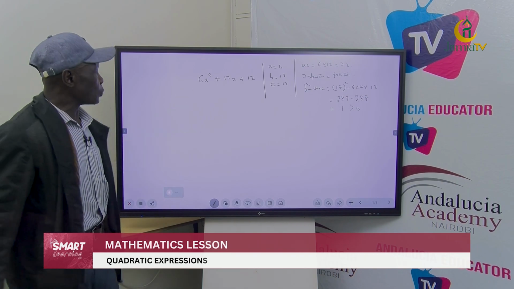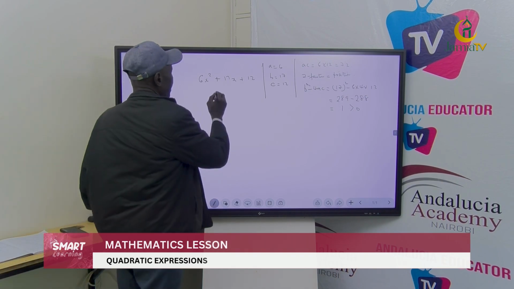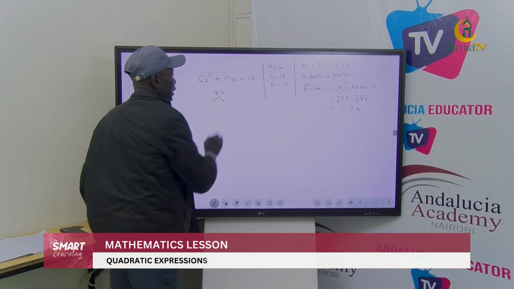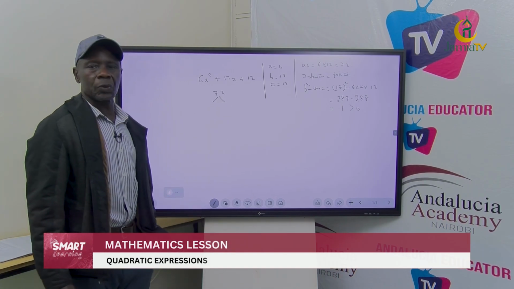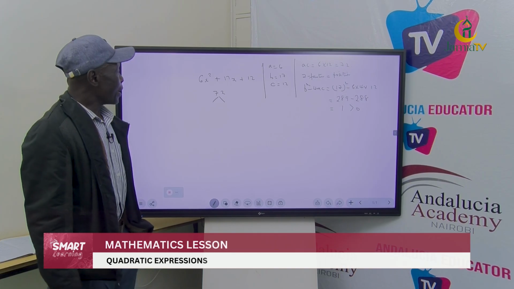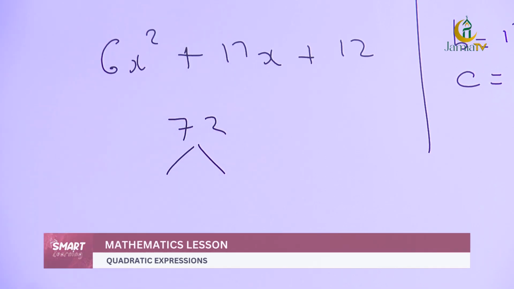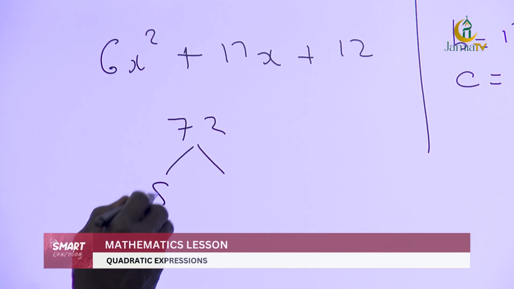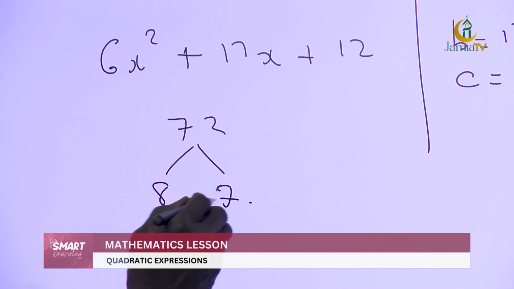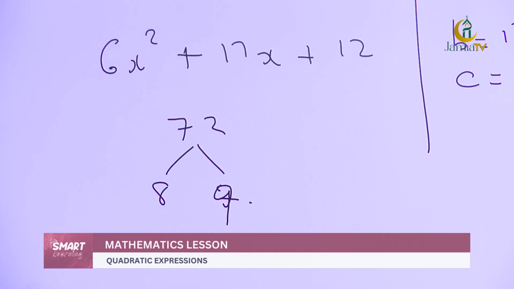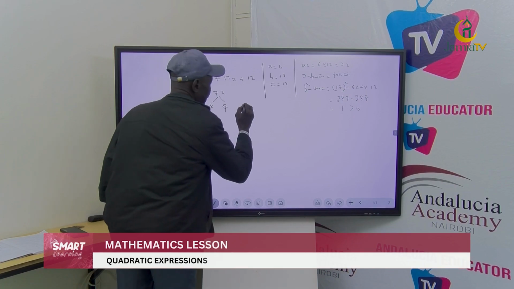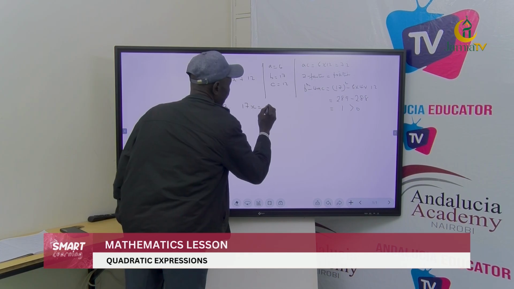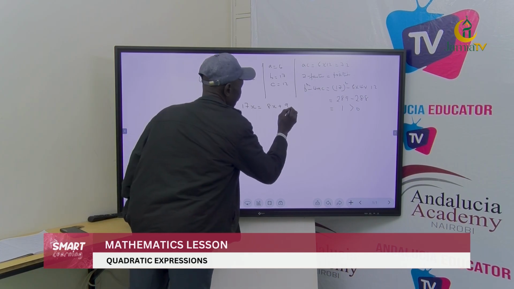So now we look at our AC, 72, and get the factors of 72 which will add up to 17. I know you can go through the processes, but because of time, we are going to have only 8 and 9, because 8 times 9 will give you 72, and 8 plus 9 will give you 17. So our 17x will now be written as 8x plus 9x.